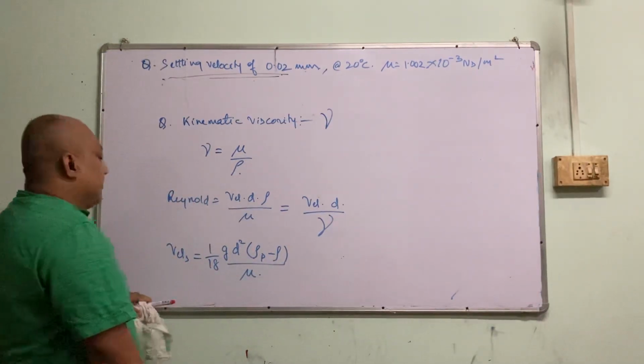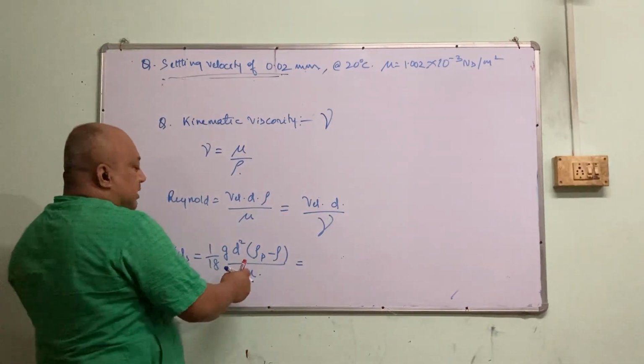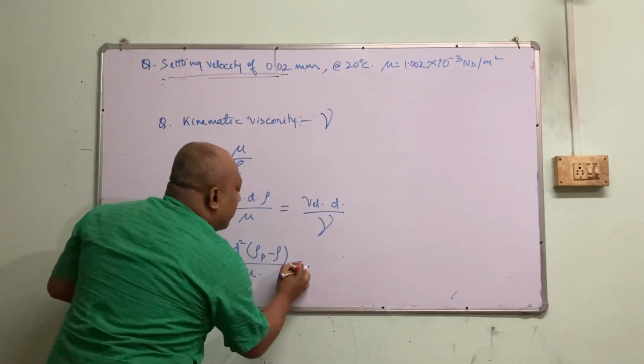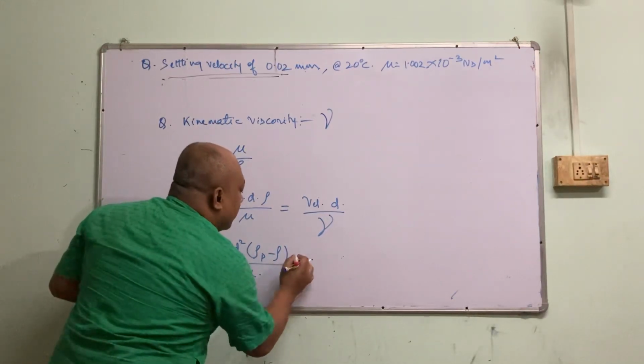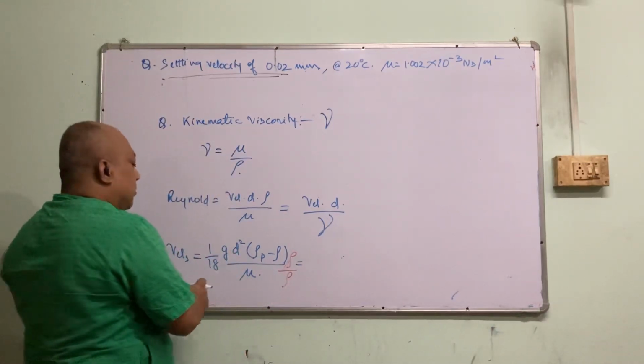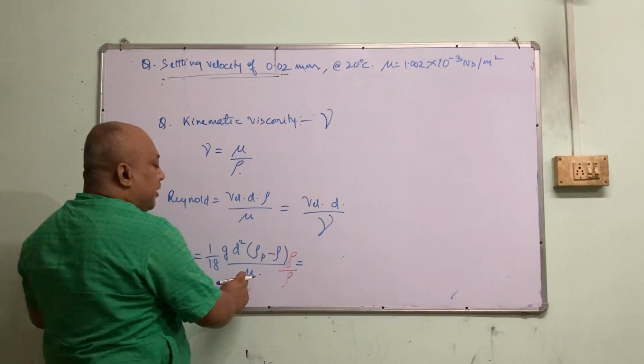If mu by rho is nu, what we can do is put one rho in the numerator and one rho in the denominator. So this divided by this will be nu.